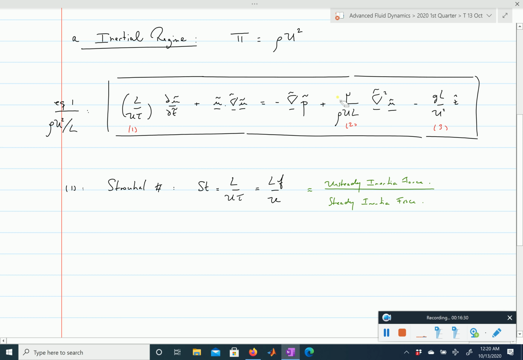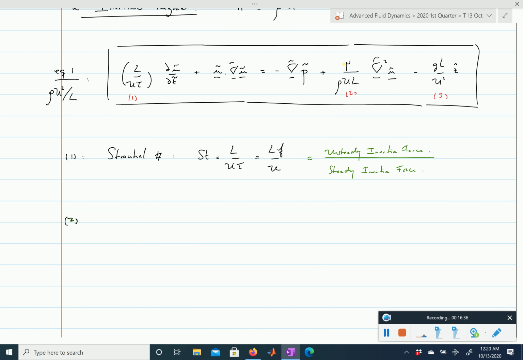Our second non-dimensional number here is 1 over the Reynolds number. So it's the inverse of the Reynolds number. We define the Reynolds number as the following number: the density times the characteristic velocity scale times the characteristic length scale divided by mu.